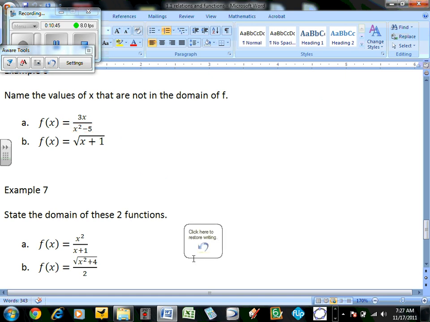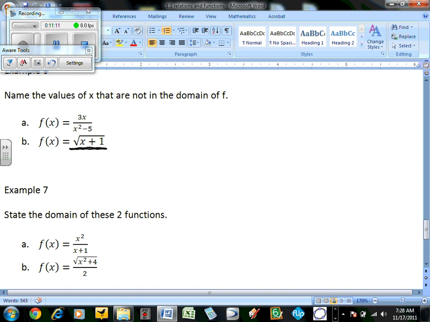For b here, the square root, we know that if we take the square root of a negative number, you learn this in Algebra 2, you're going to get an imaginary number. And imaginary numbers we don't graph, we don't deal with. All right? So, when we're talking about the square root of x plus 1, what values are going to make that square root negative?